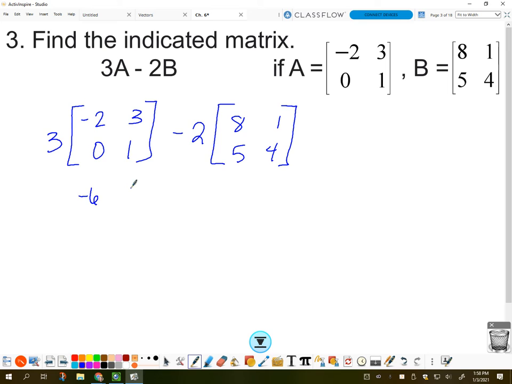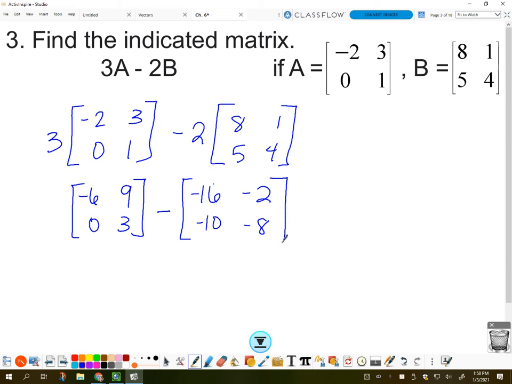So this would be negative 6, 9, 0, 3. I'm going to keep the minus and distribute just a regular old 2. If you wanted to make this plus and distribute negative 2, that would work also. Alright, so we're going to get negative 16, negative 2, negative 10, negative 8.